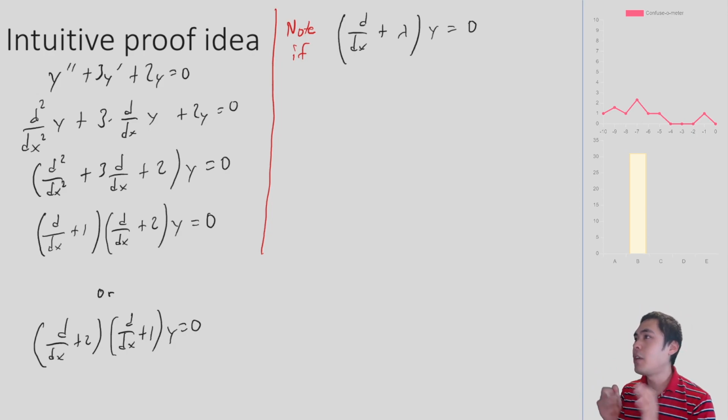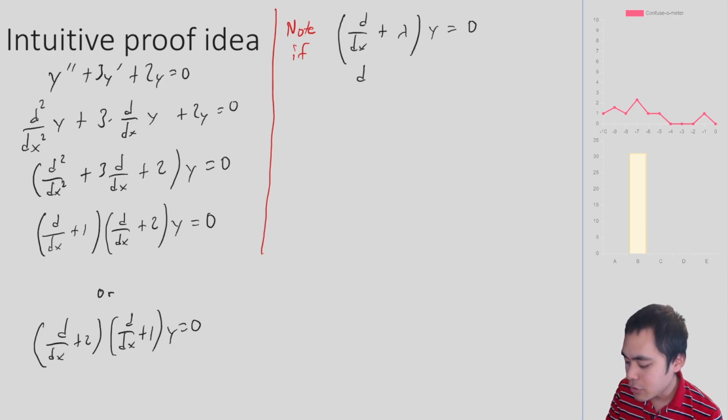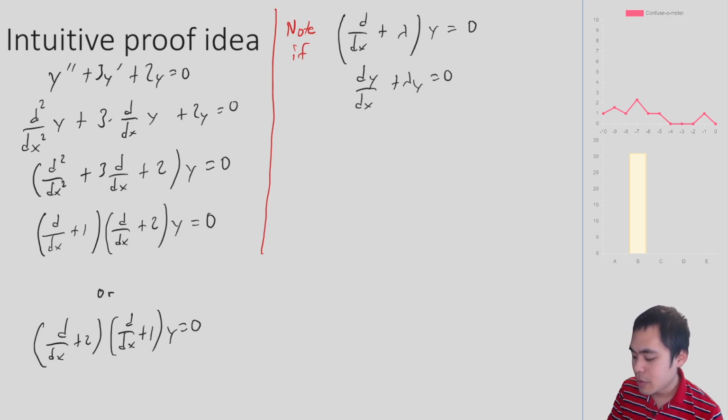But now let's try to solve (d dx plus lambda) y is equal to 0. Let's put the y's back in. So you have dy dx plus lambda y is equal to 0, and therefore dy is equal to minus lambda y dx, and so dy over y is equal to minus lambda dx.